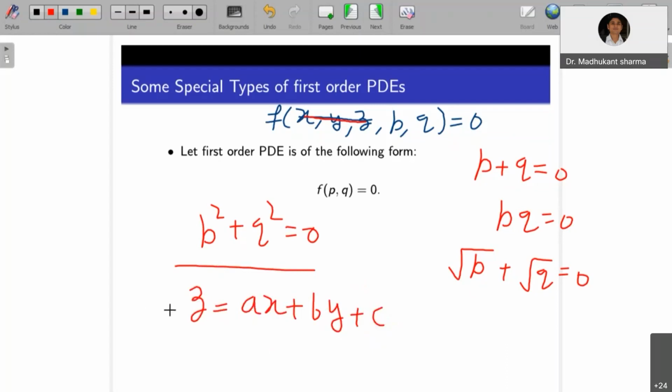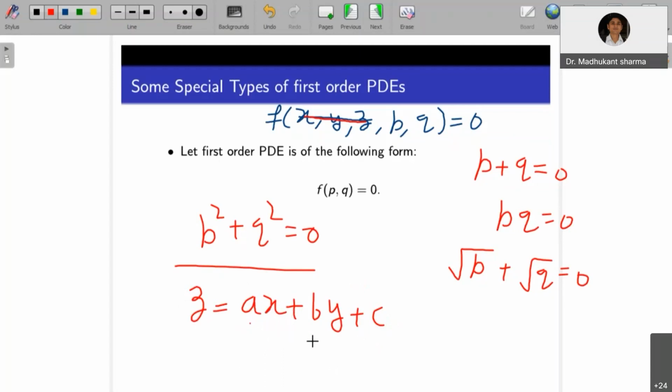How can one suggest that this is going to be the possible solution? See, there are 3 arbitrary constants, but the general solution will have 2 arbitrary constants. That you should keep in mind.